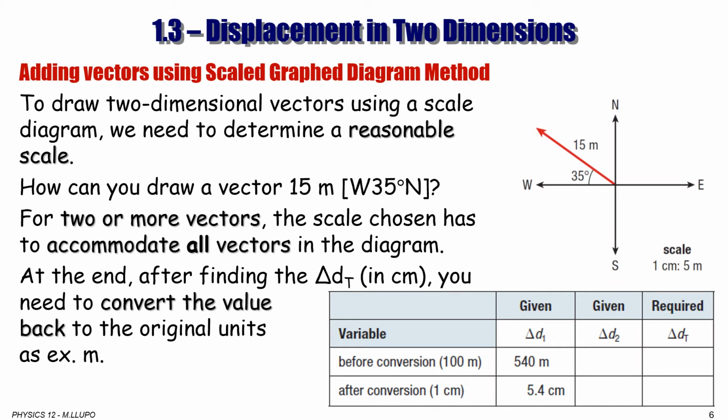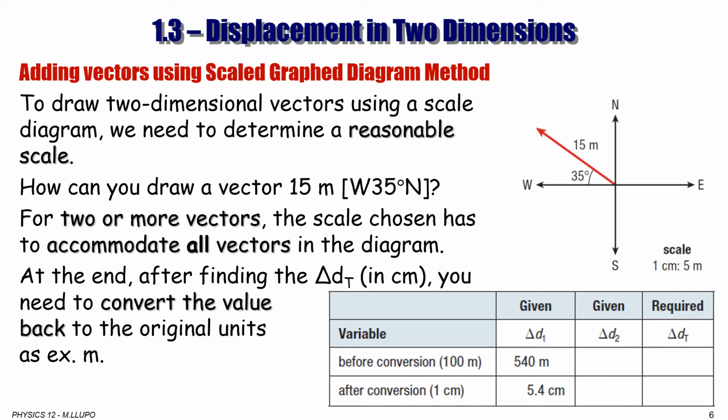Yes, you draw it, that is 4 centimeters. You measure it, that is 4 centimeters. But you have to convert it back to the original units, which was meters. And the scale was 1 centimeter with 100 meters. So let's say that total happened to be 400.